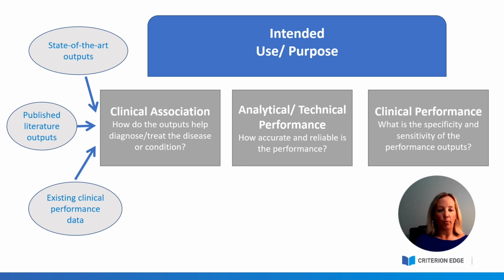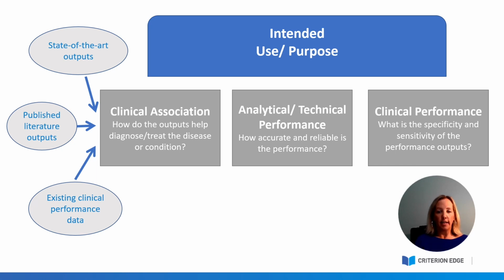How do the outputs from your performance of your software diagnose or treat the disease or clinical condition? You want to compare your outputs from your software to existing published literature outputs and also to the state of the art, which is comparator software or alternatives to the software.